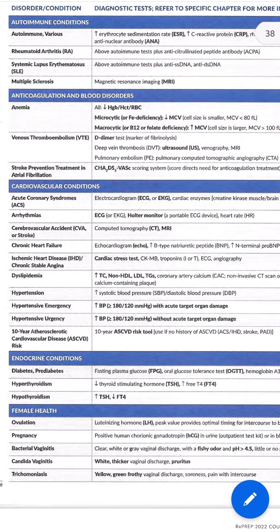Microcytic or iron deficiency means that their cell size is smaller, or MCV is decreased. When it is decreased to less than 80, that is called microcytic or iron deficiency.